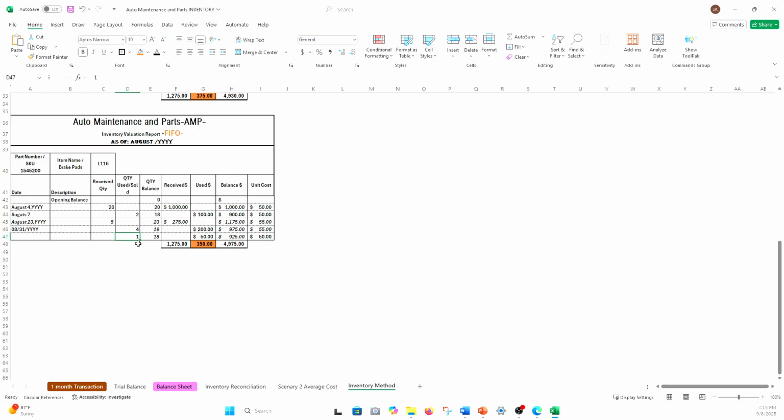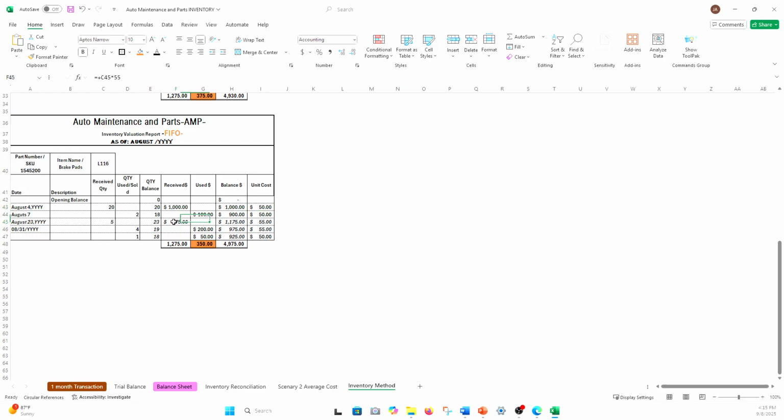Those sales should be based on the beginning cost. So that means our cost is based on the first units that came in, and that's going to be the first one that we take out of the inventory. So we have 7 units here that were sold at $50.